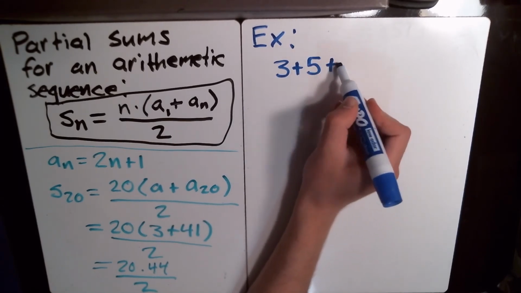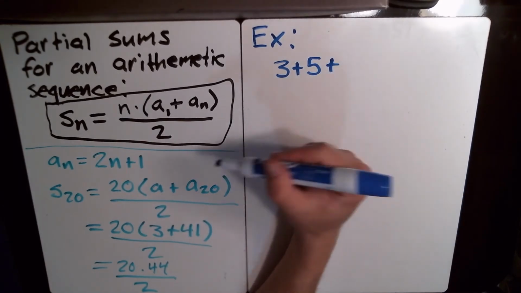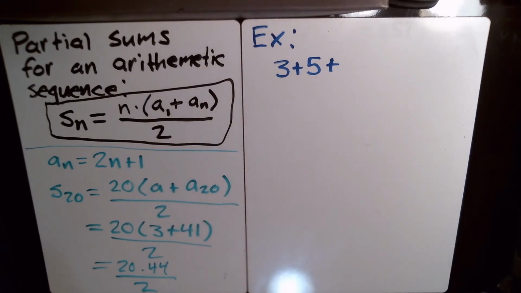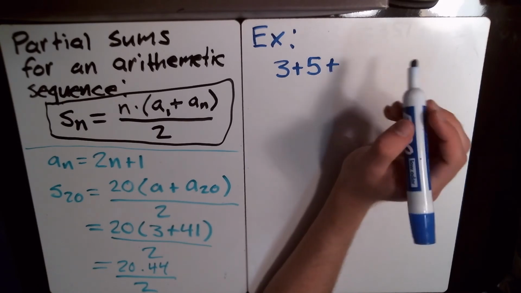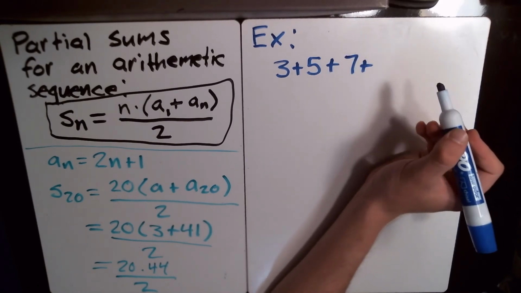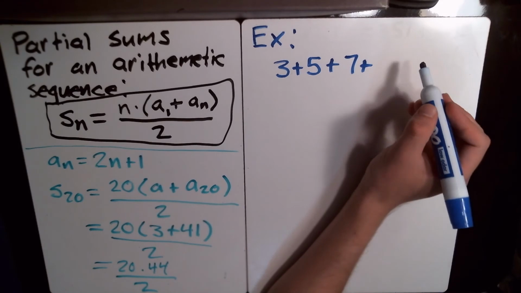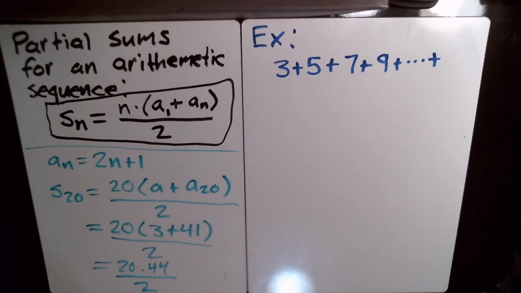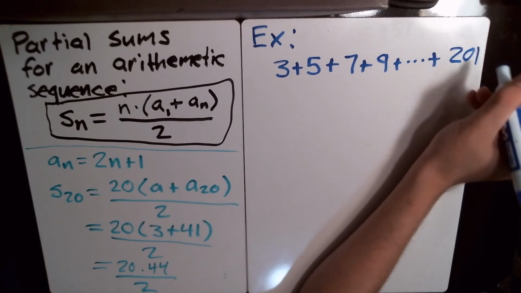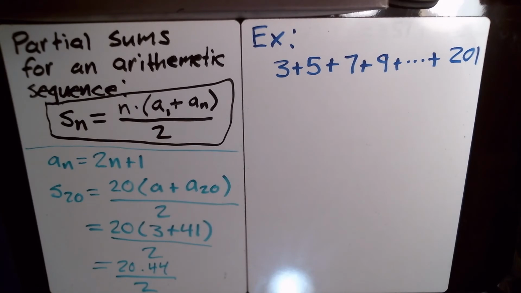Let's say that instead of them telling us we're dealing with a sub n is 2n plus 1, they want us to evaluate this sum: 3 plus 5 plus 7 plus 9 plus, dot dot dot, all the way up to 201. First of all, we should note that this sequence is arithmetic, right?